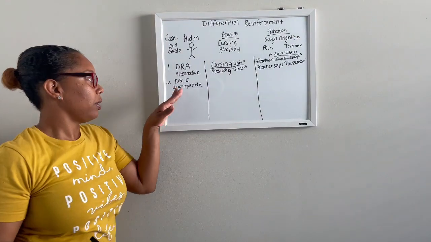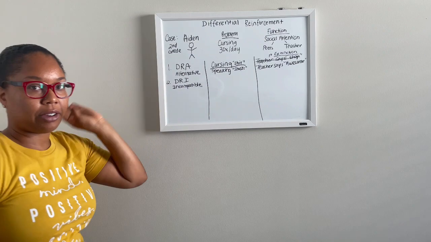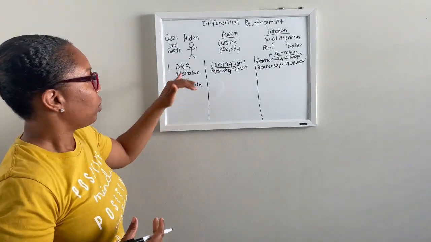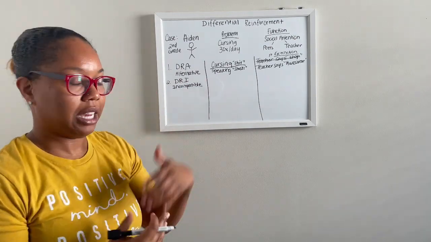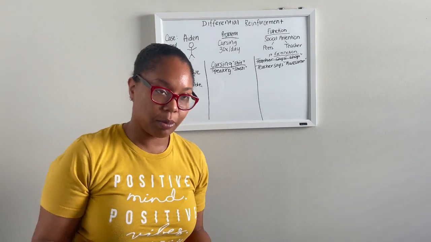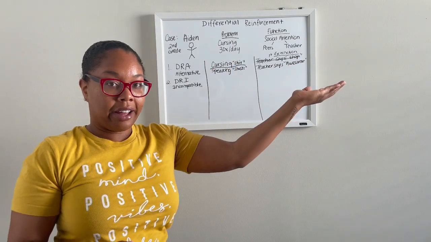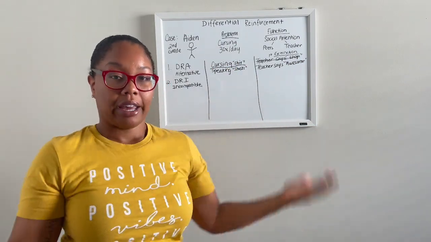Okay, so incompatible, DRI, is very, very similar to DRA. However, with DRA, a behavior can just be the alternative. It doesn't have to be incompatible. Whereas with incompatible, the behavior has to be incompatible, meaning that they can't do A and do B at the same time. It has to be one or the other.